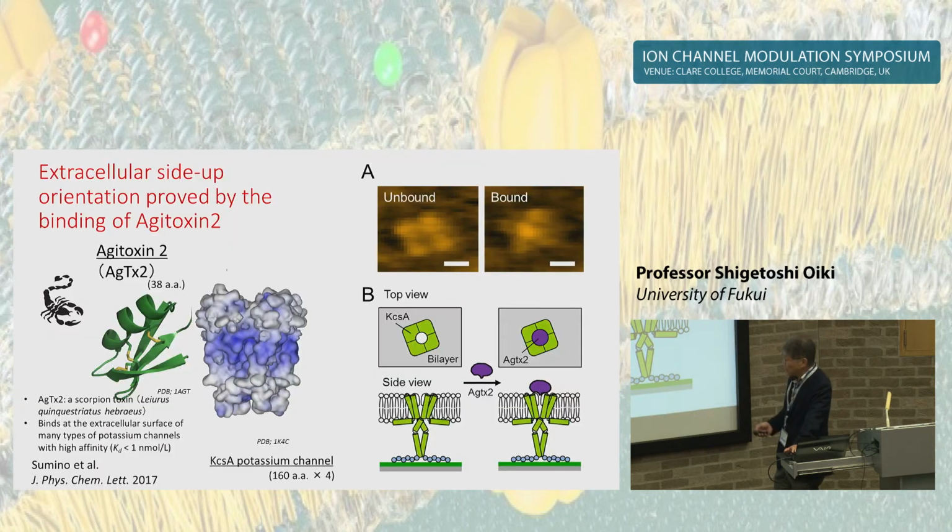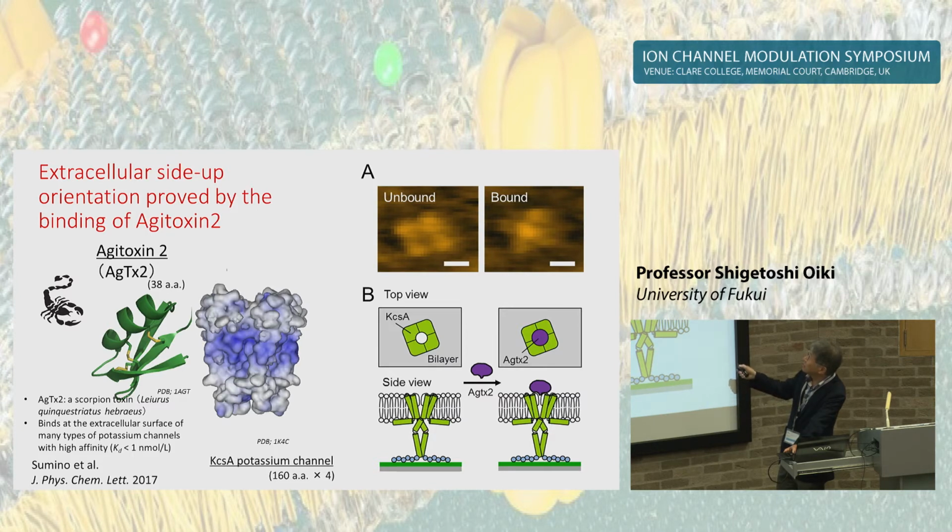The KcsA channel has a binding site for azemiopsin toxin. The structure has already been solved, and this is the unbound channel.